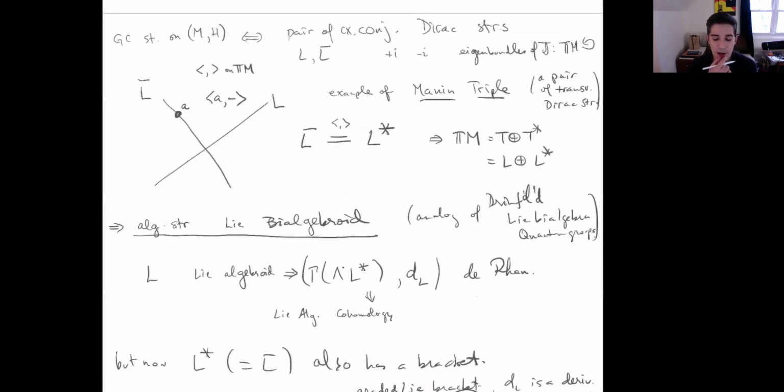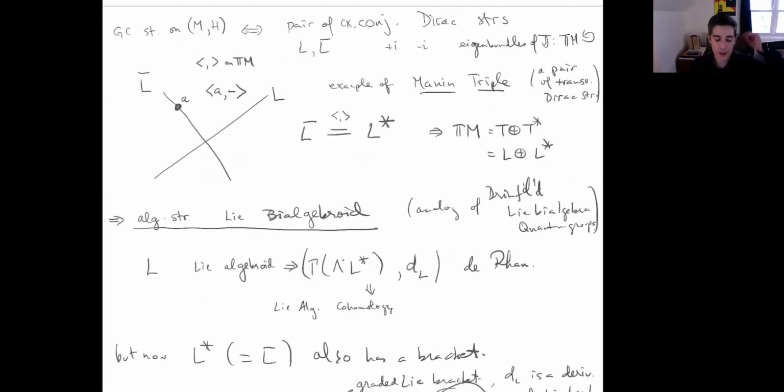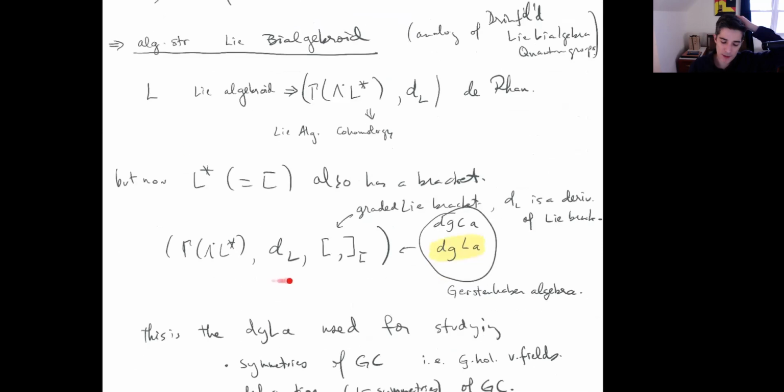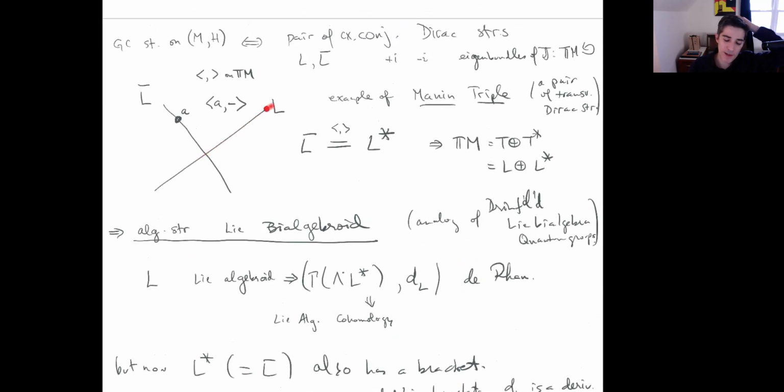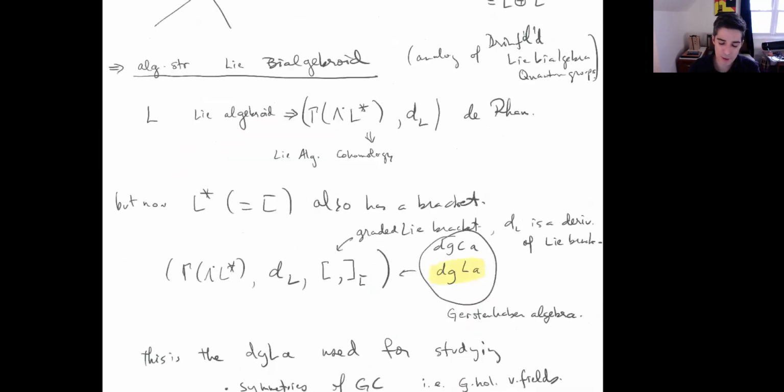Okay, so the only thing to keep in mind from last time is that we covered the fact that if you have a generalized complex structure, the plus and minus i eigenspaces give a pair of complex conjugate Dirac structures. And this decomposition gives rise to basically a differential graded Lie algebra, which controls the deformation theory of this Lie algebroid L, or really of the generalized complex structure.